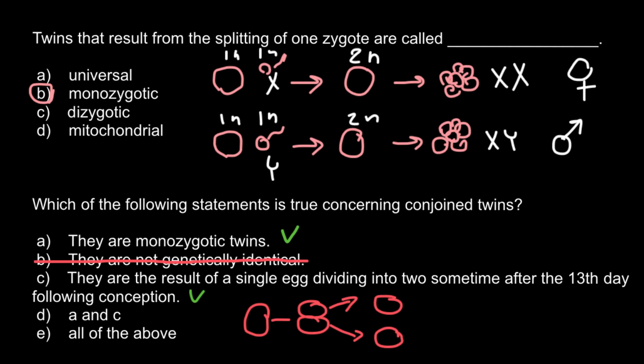And if this process happens later, for example at day 8 or 9, they may share chorion and placenta and amnion also. And if such separation happens even later, this may result in conjoined twins that are not separated completely. And as you see, the correct answer would be answer A and answer C. That means we have to choose answer D, A and C.